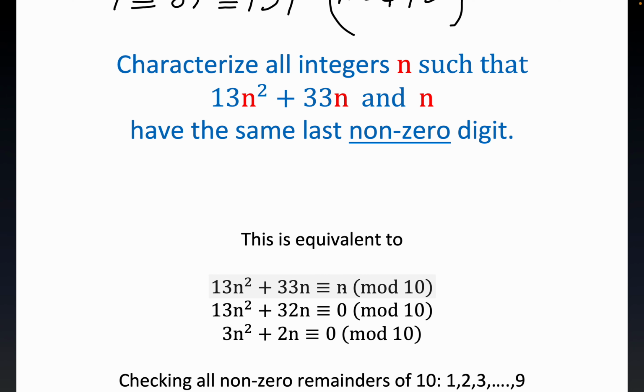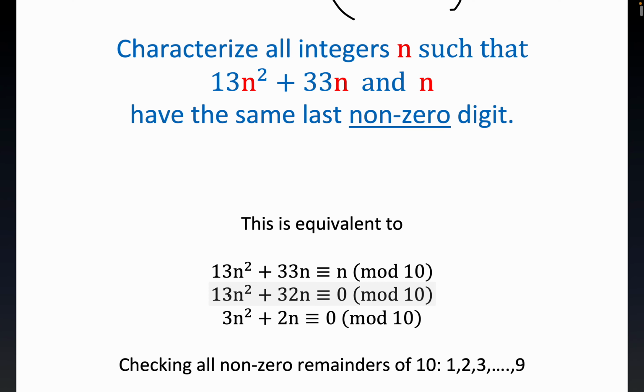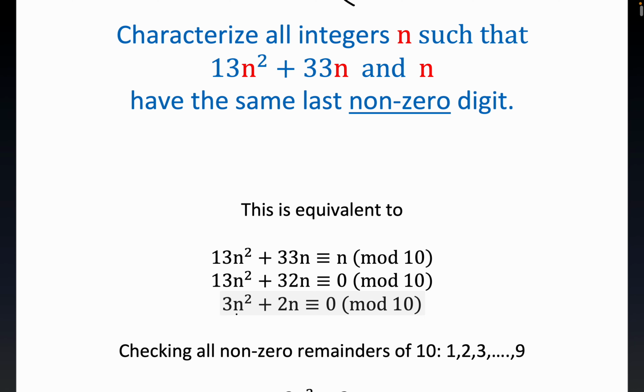You subtract n from both sides, the 33 becomes a 32. And notice that 13 is congruent to 3 because 13 minus 3 is 10. 32 is congruent to 2 because 32 minus 2 is a multiple of 10, namely 30. So you see, pretty quickly we've got to this equation right here, which is much easier to manage than trying to think about this any other way.